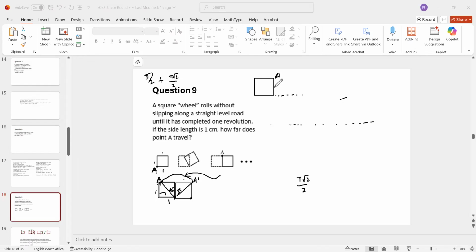A simple rotation through 90 degrees will bring A here. And then again, A will travel a quarter circle, because you're rotating this around. So A will move on an arc like this.